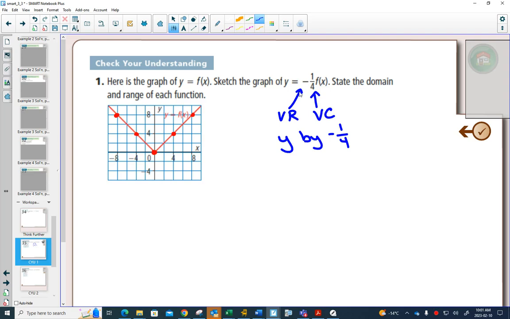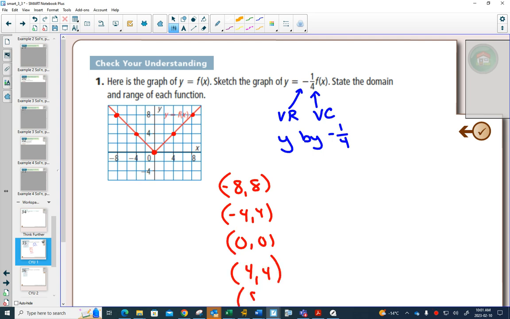You're also going to see, as we get into more and more complicated ones, a method for showing the work. So a method that you could show the work is if I took these 5 points and I labeled them. This one would be negative 8, 8, negative 4, 4, 0, 0, 4, 4, and 8, 8.